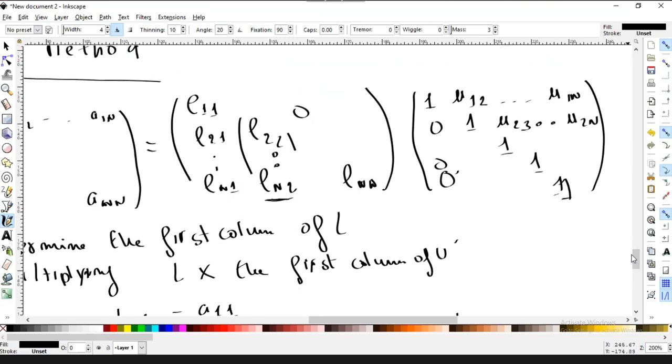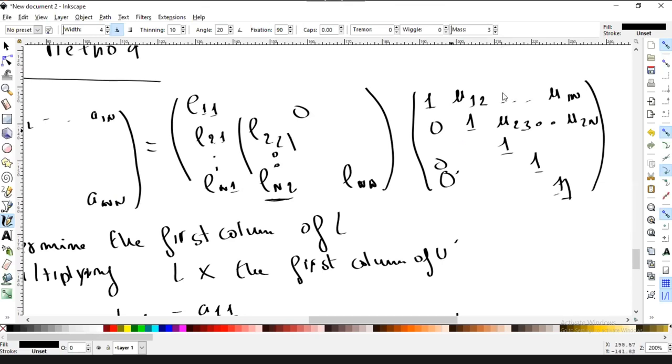Here you get the same thing, L21 is equal, and then L21 U12 plus L22 is equal to A22. The third one here is interesting.